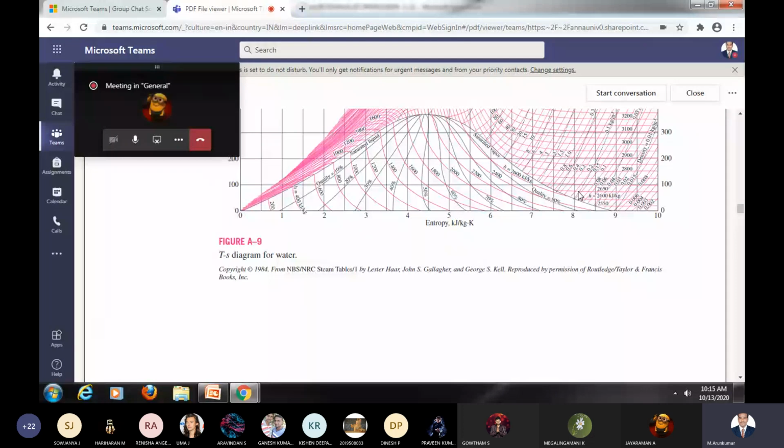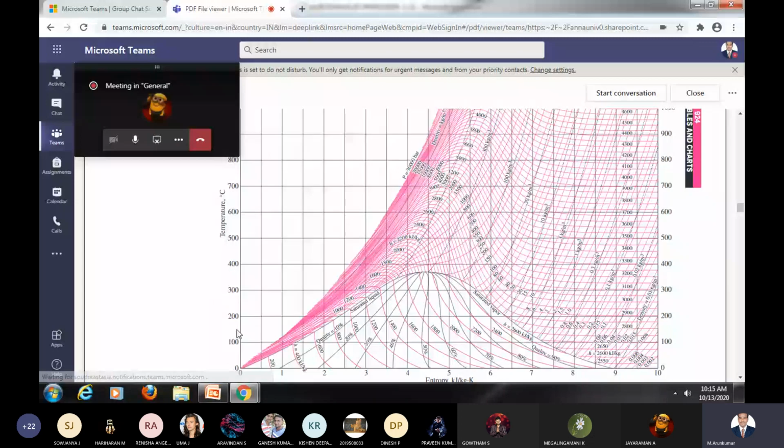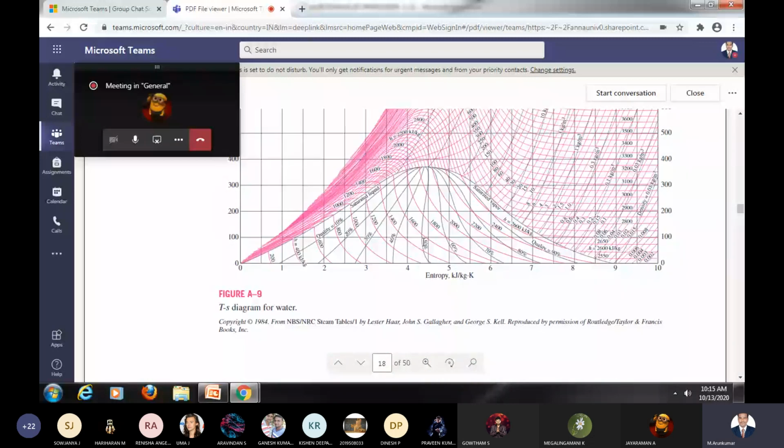That can be referred to for steam also. This chart can be used instead of your steam table. The thing is we have to use it properly. For example, if they give a temperature of 100 degrees Celsius and your X is 60%, and you want to determine the entropy, we can use this.